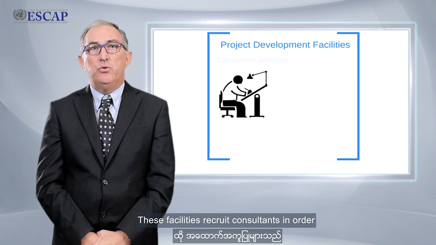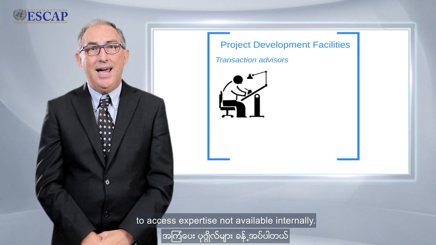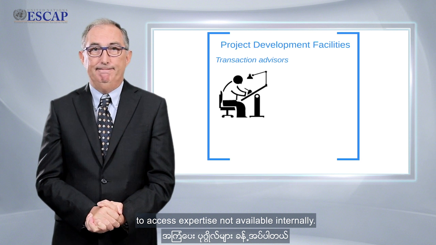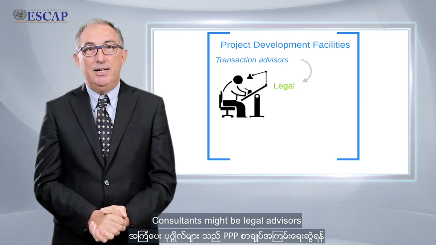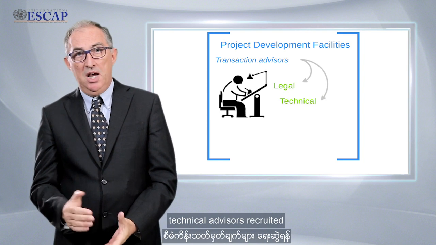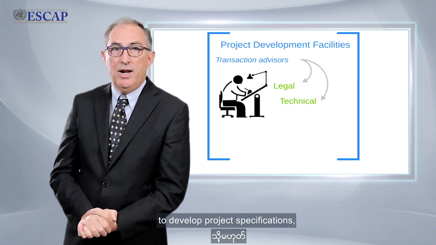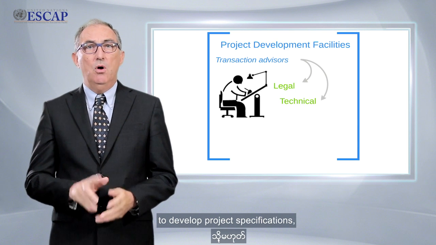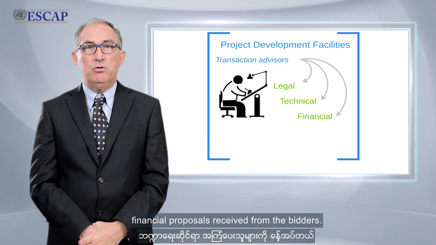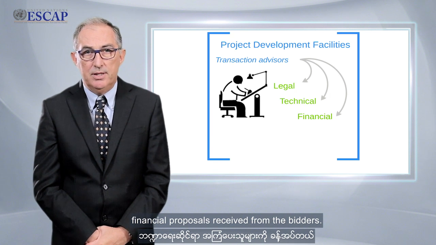These facilities recruit consultants in order to access expertise not available internally. Consultants might be legal advisors recruited to draft the PPP contract, technical advisors recruited to develop project specifications, or financial advisors recruited to evaluate financial proposals received from the bidders.